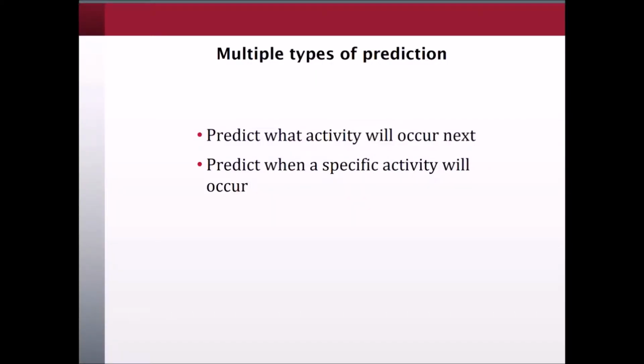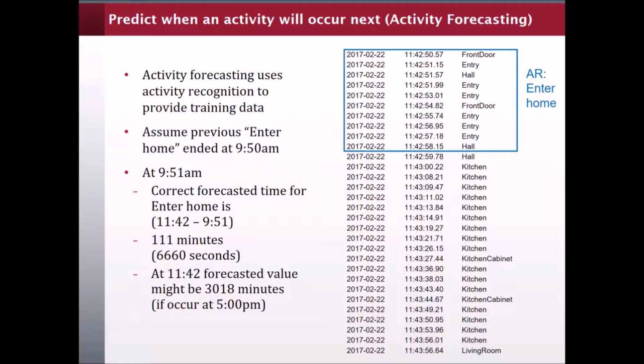The last activity prediction task that we will look at is predicting when a specific activity will occur. In order to distinguish this type of activity prediction from sequence prediction, we will refer to this one as activity forecasting, because we are forecasting into the future when the next occurrence of an activity will be.